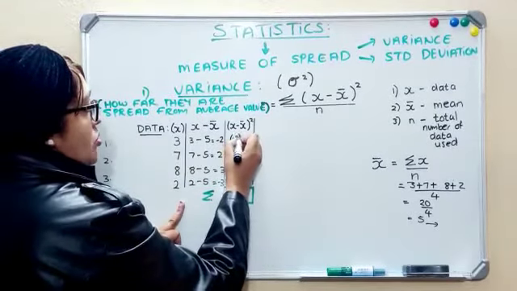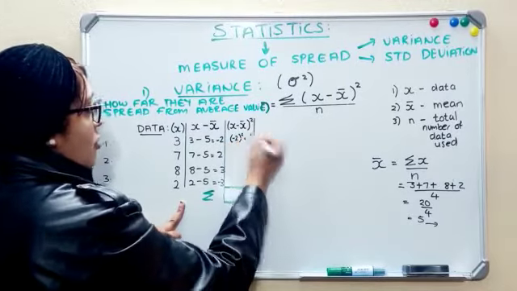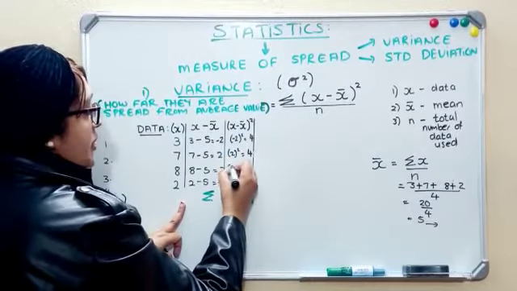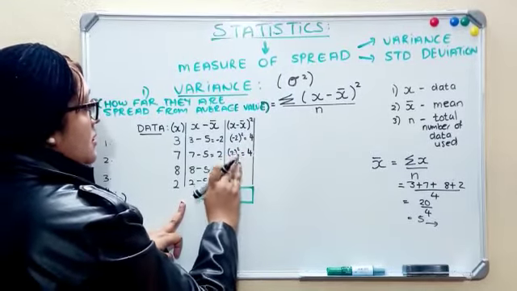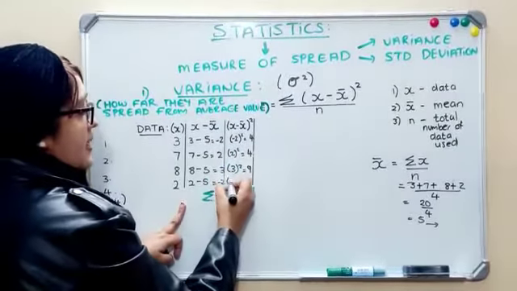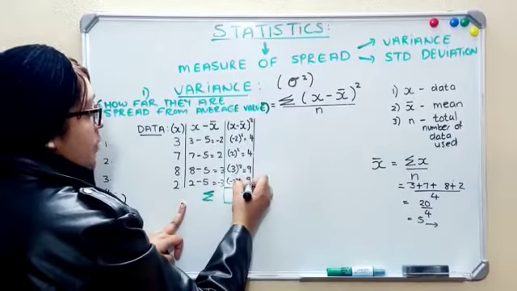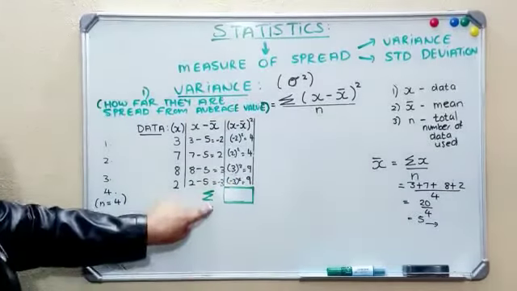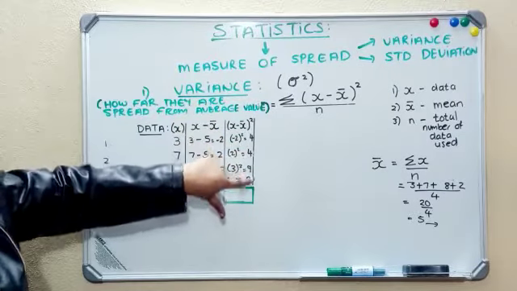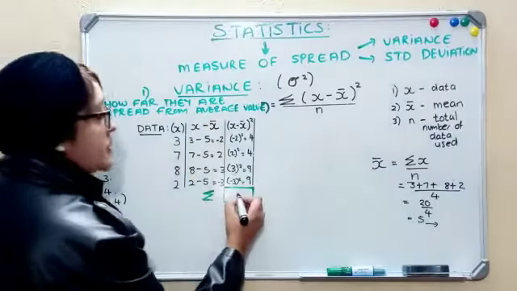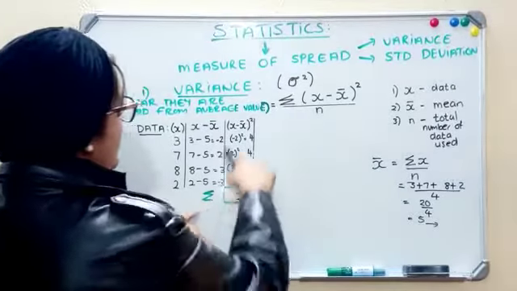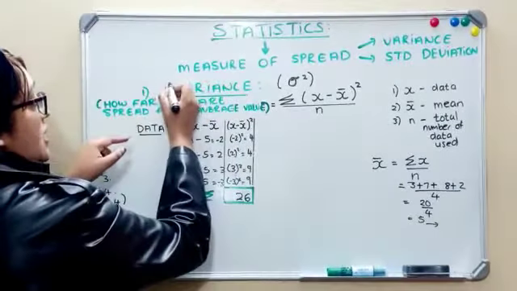So minus 2 all squared gives me 4, and 2 all squared is another 4. 3 all squared gives me 9, and negative 3 all squared equals 9. Here is the total of all the squared numbers: I add 4 plus 4 plus 9 plus 9, and that gives me an answer of 26.